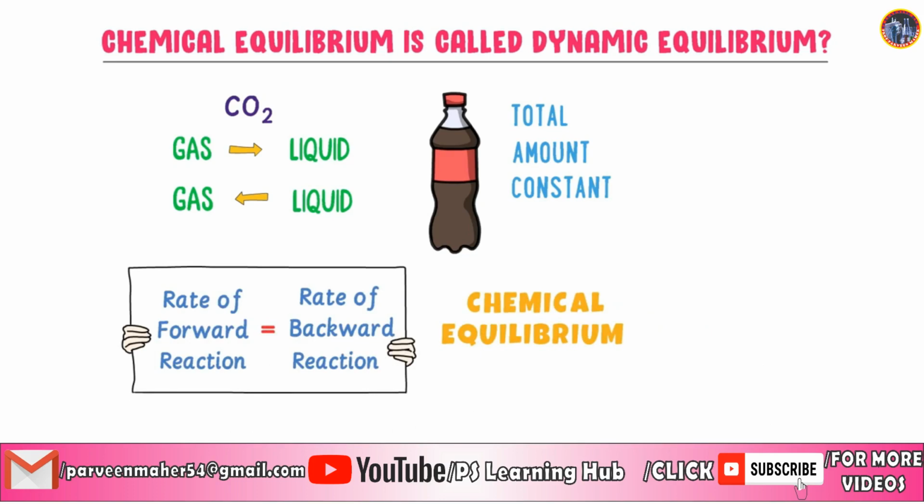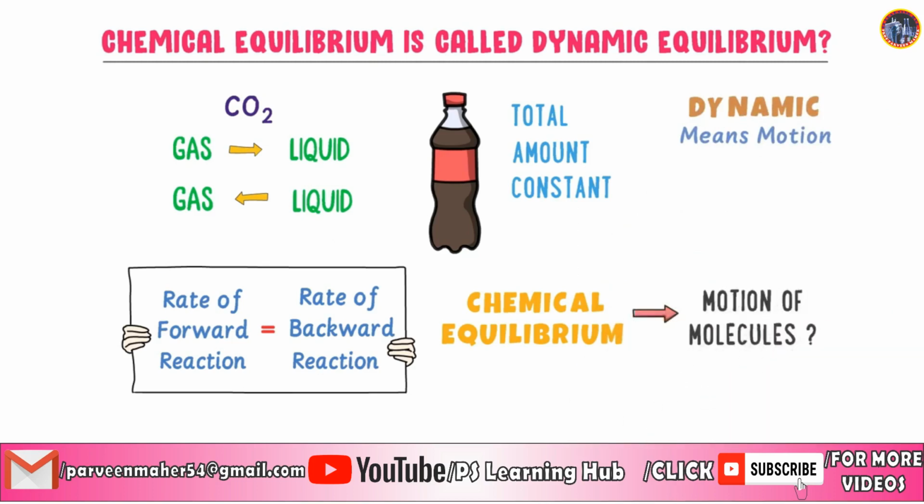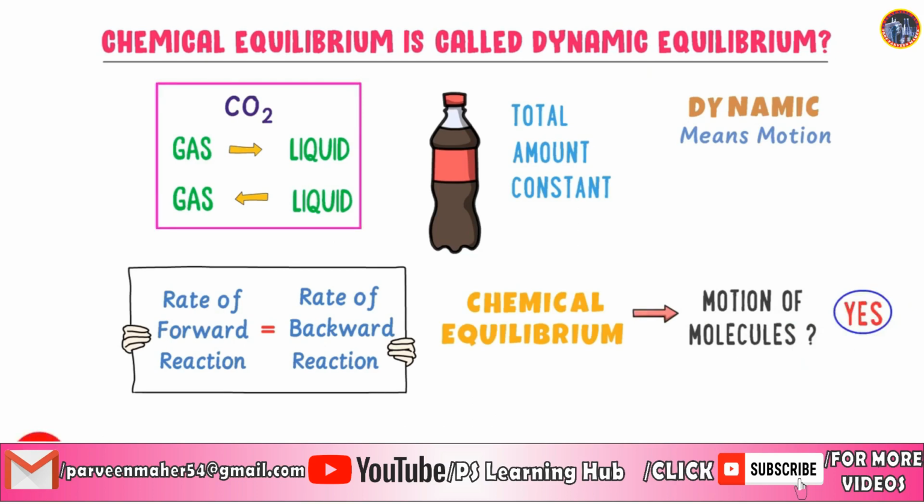Also we have learned that the word dynamic means motion. Now let me ask you, is there any motion of carbon dioxide molecules at chemical equilibrium? Well, your answer is yes. Gaseous molecules of carbon dioxide convert to liquid state and liquid molecules of carbon dioxide convert to gaseous state.